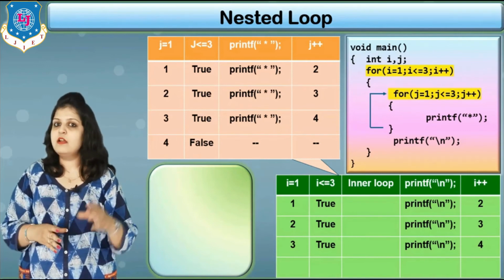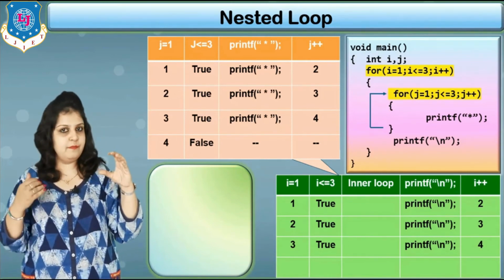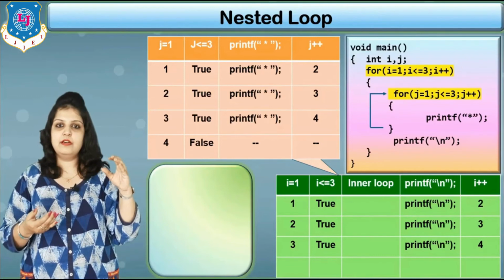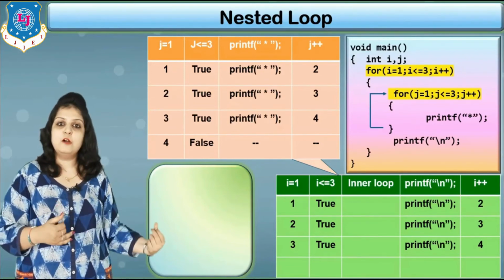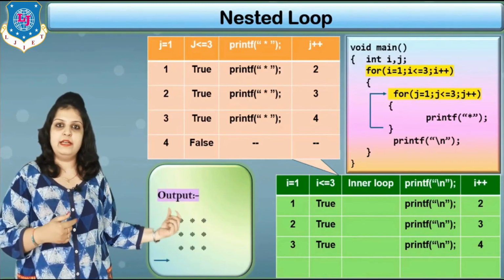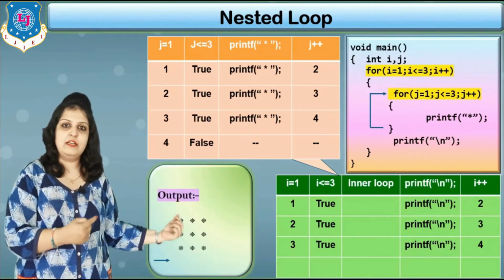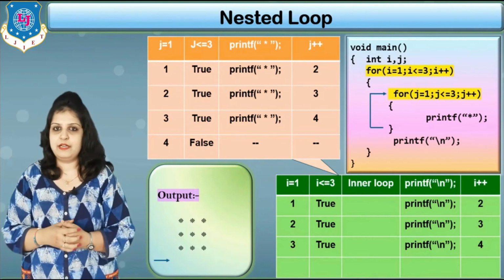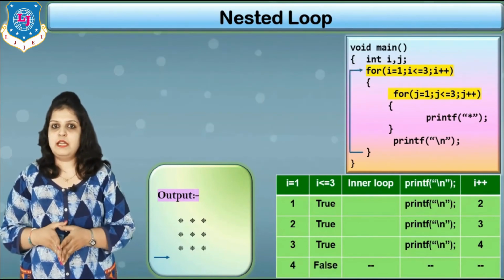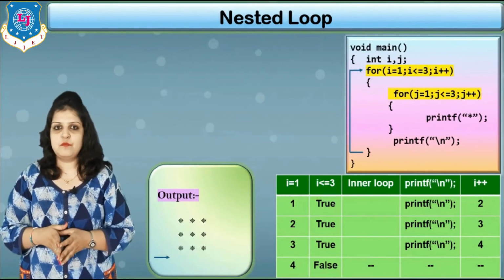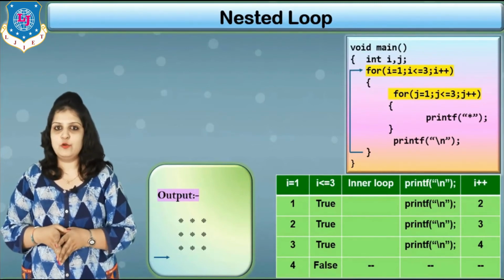So now our outer loop execution will be stopped, and then after that our control goes to the next statement. Means in the output we will get the pattern of 3 rows and 3 columns, printed with stars. So in this way we can build many different types of patterns using nested loops.